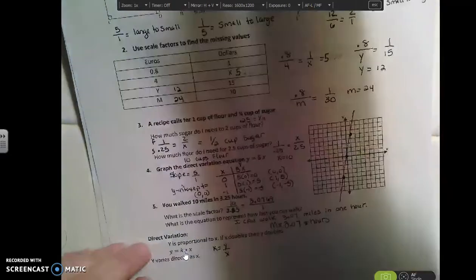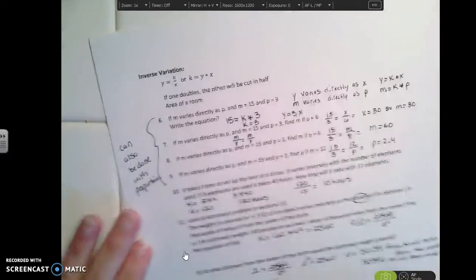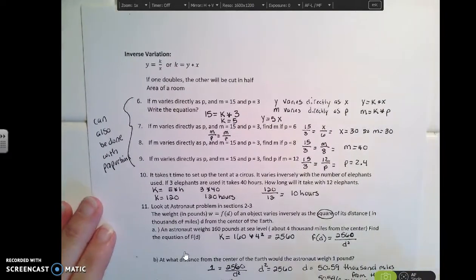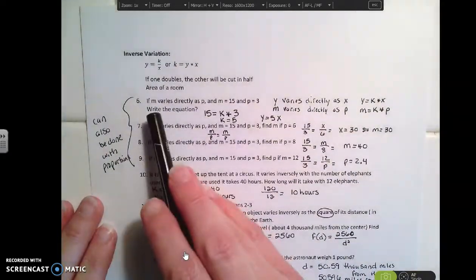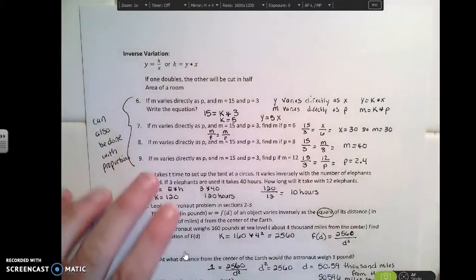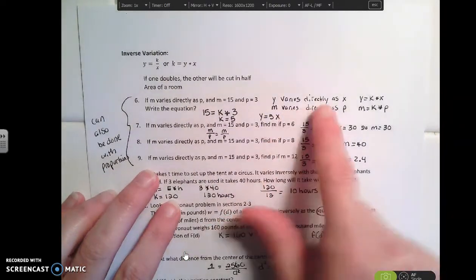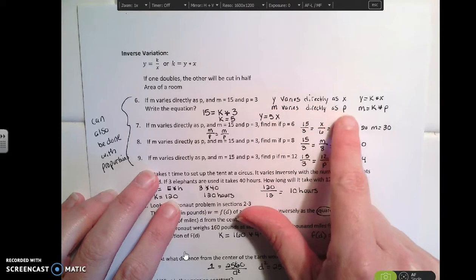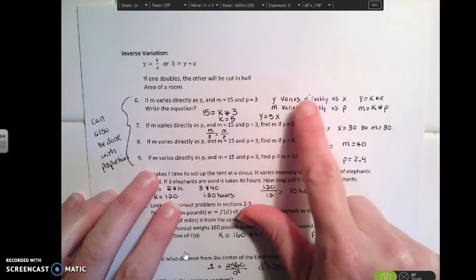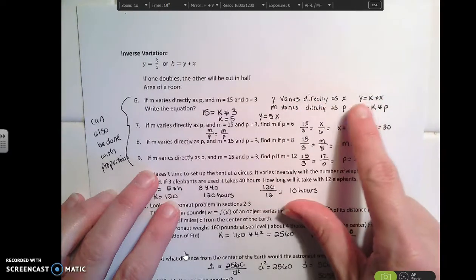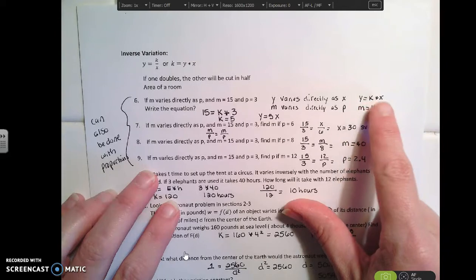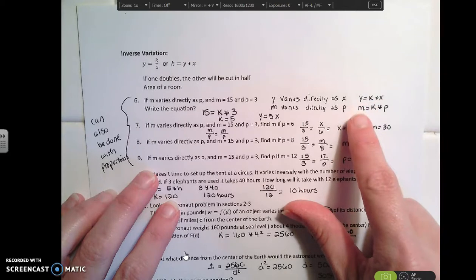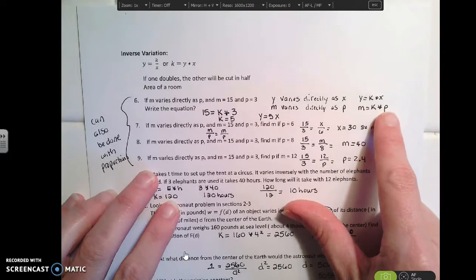So let's look at a couple of examples with this. For example, if it says m varies directly as p, if you translate what they wrote into what we wrote a minute ago, y varies directly as x, then you have this equation, y equals k times x, can be translated into m equals k times p.